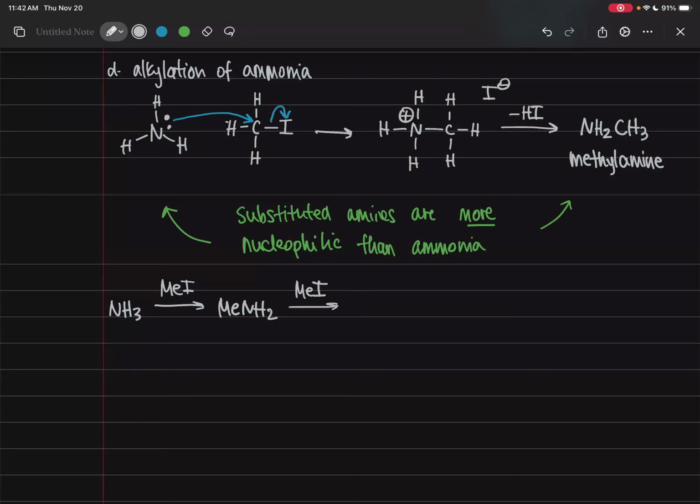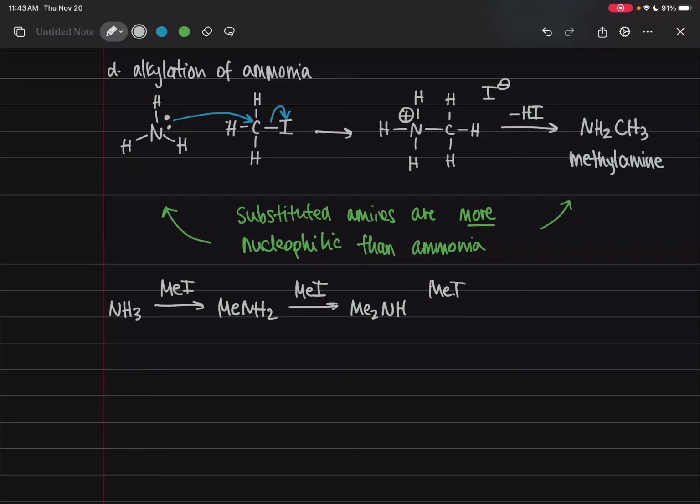So it's going to react with another equivalent of methyl iodide, do another alkylation to make dimethylamine with 2 methyl groups and 1 hydrogen. And guess what? Dimethylamine is more nucleophilic than methylamine, which is more nucleophilic than ammonia. You see where this is going?